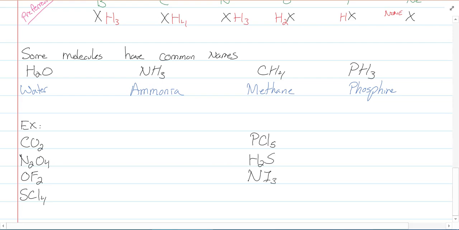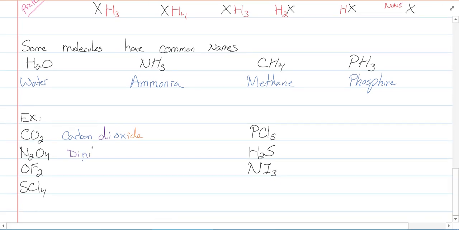All right, CO2 would be carbon dioxide. Now right here will be the example for N2O4: dinitrogen, because there's two N's, tetra oxide.